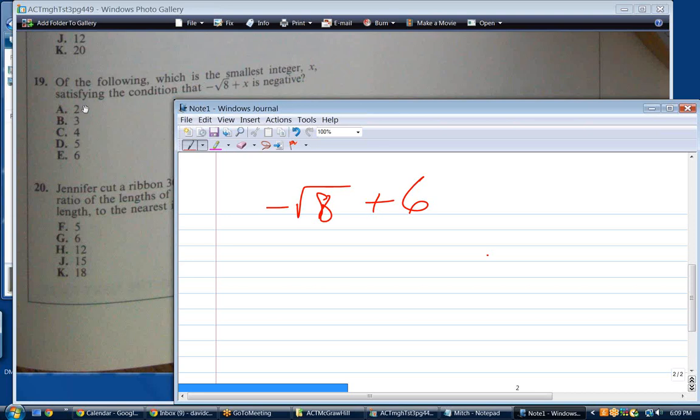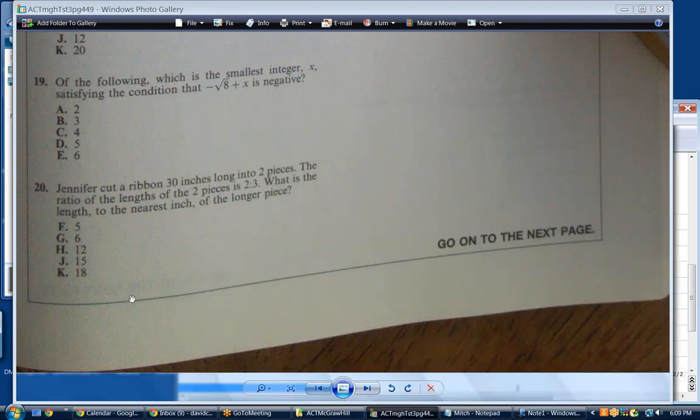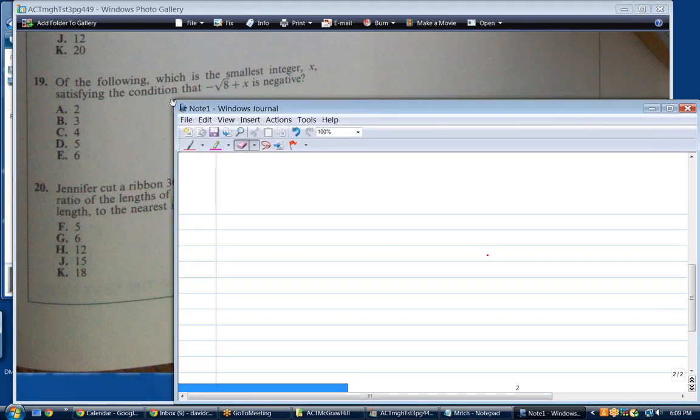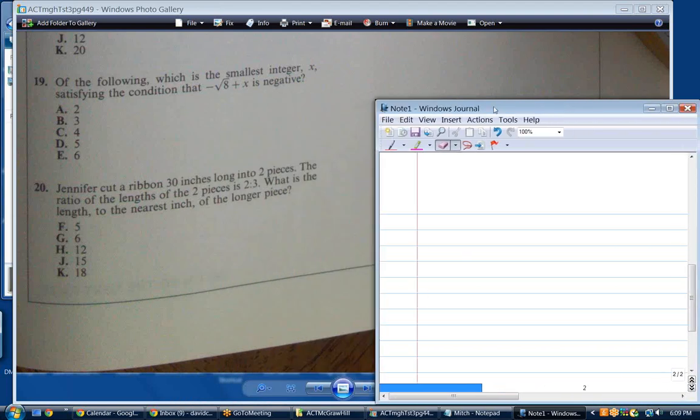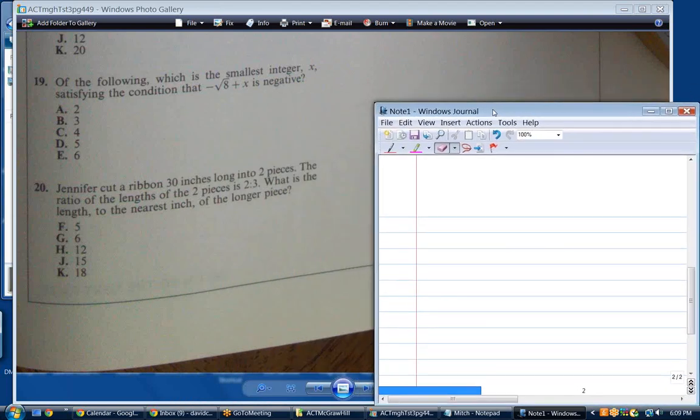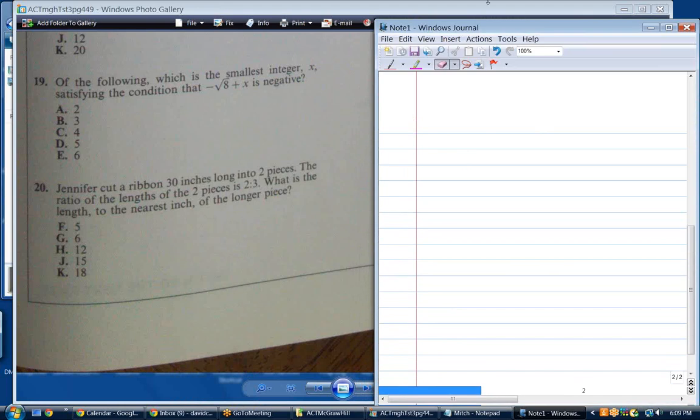So as long as we're back solving it, we're always going to start with the smallest and work our way up. If it would have said, what's the biggest integer? Then I would have started at 6 and worked my way down. About 20.